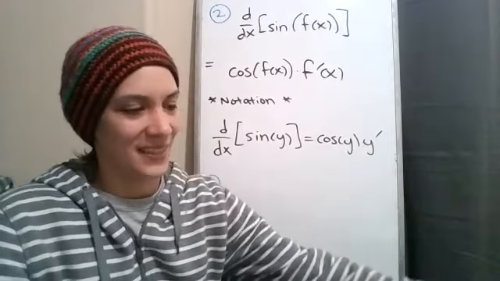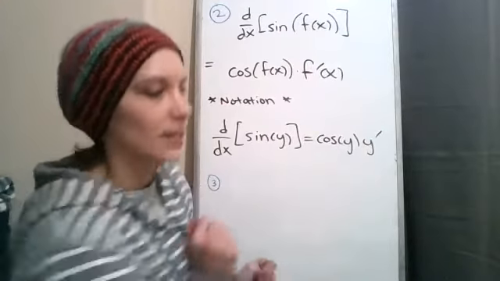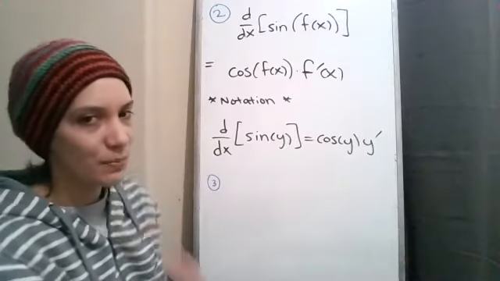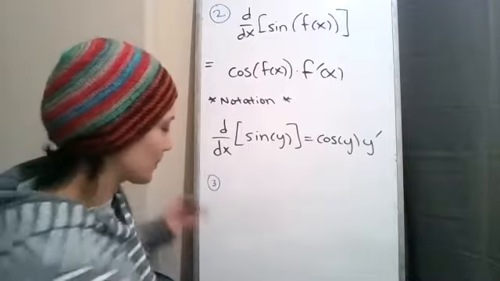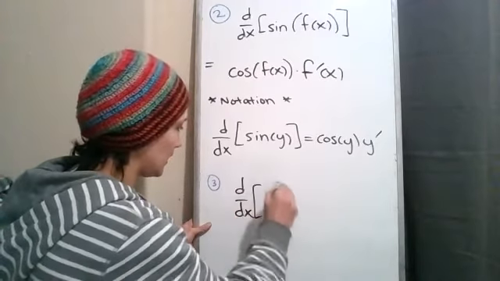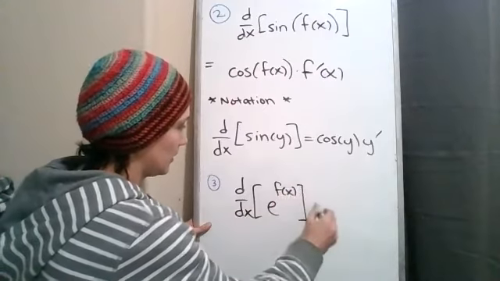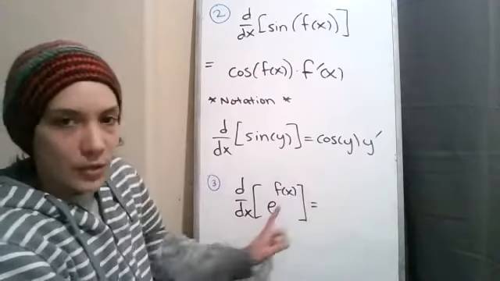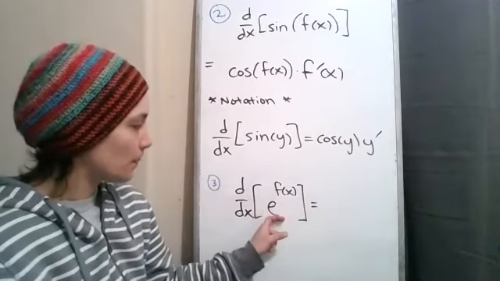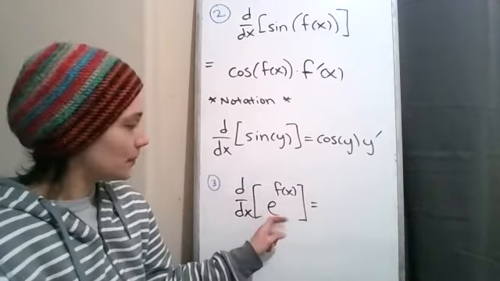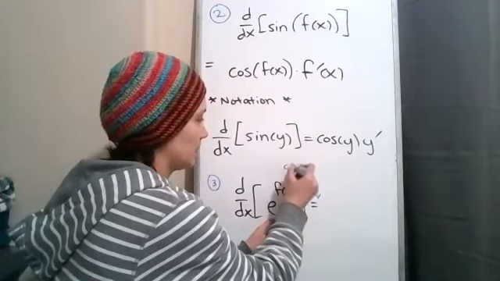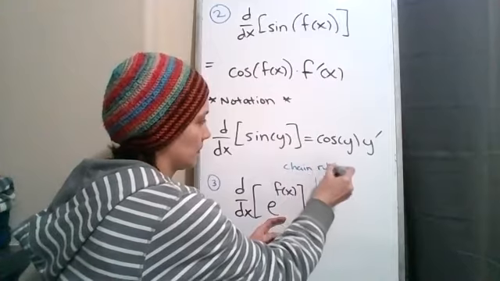Let's do one more of these where we take the derivative of e with the function in its power, f of x. So the derivative of the outer function, which would be e to the x. So you'd get e to the x but you're doing a chain rule here. So you leave the inside function like this.